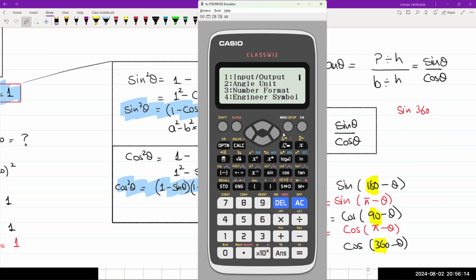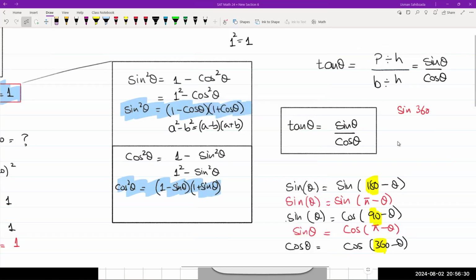If it wasn't in radian, if it was in degree, I do sine pi by 6, it does not give me the same result. So I have to tell my calculator what kind of angle I am feeding it. So sine pi by 6 has to be radians.